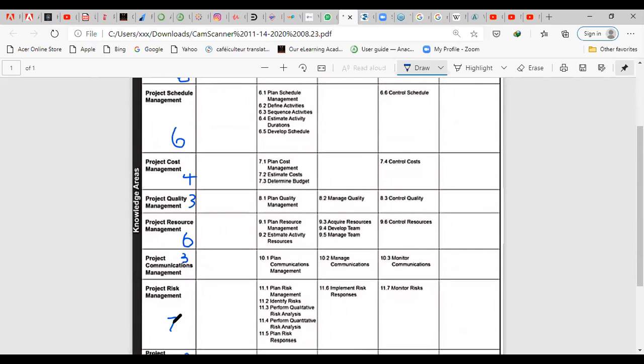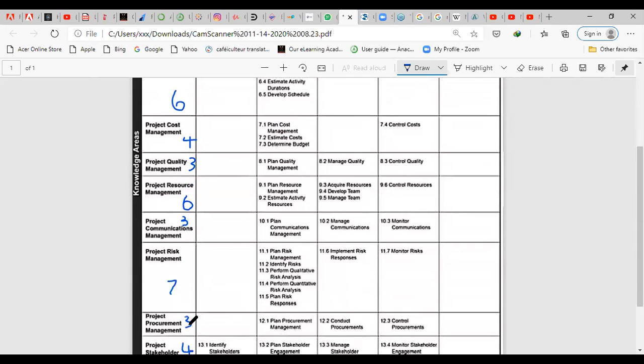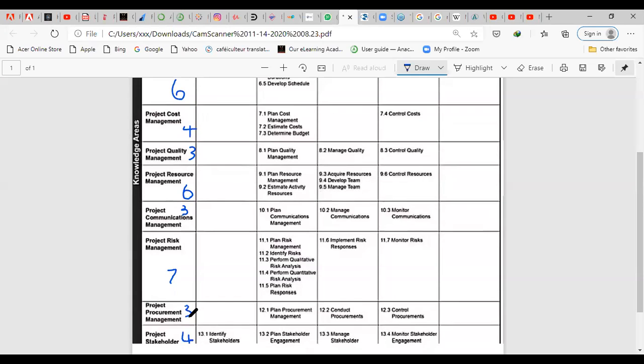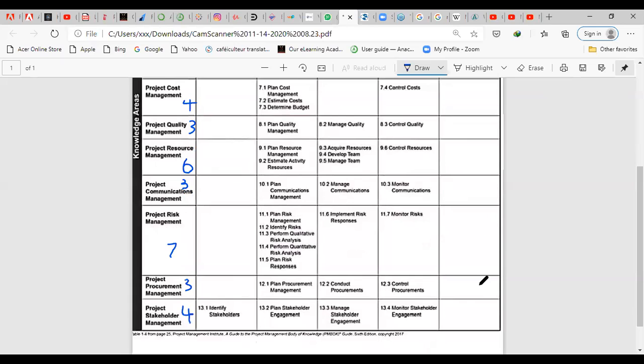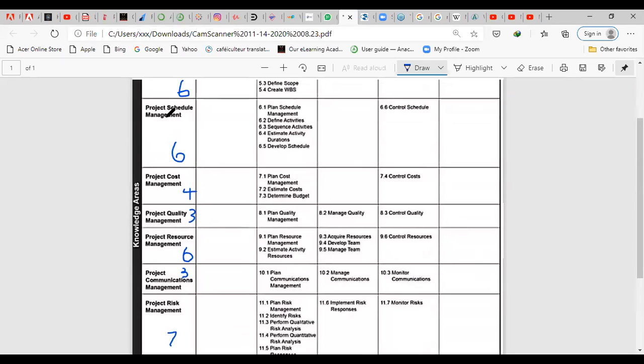That will be 42. Plus 3, 45. Then plus 4. That will be 49. So across the knowledge areas, we have 49 processes.